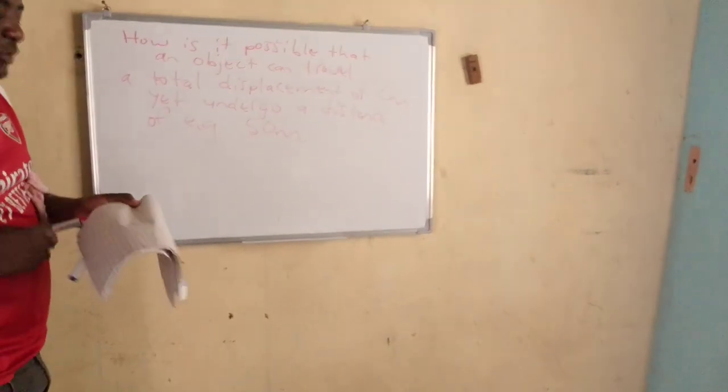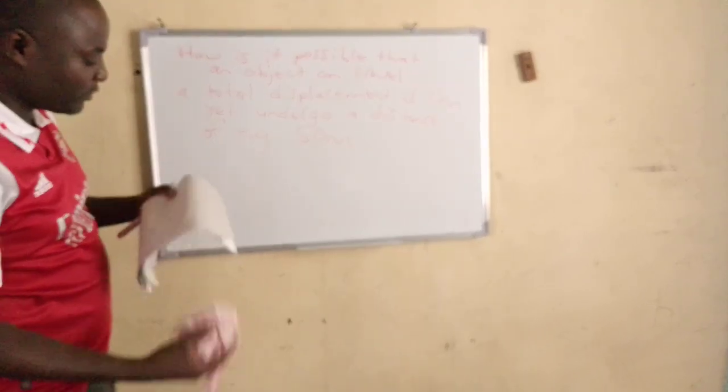We said distance is the total path length, displacement is the distance moved in a specified direction.